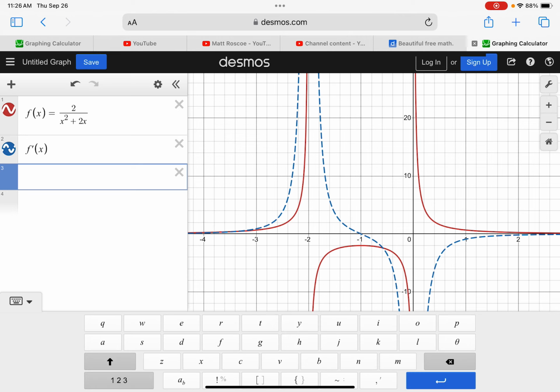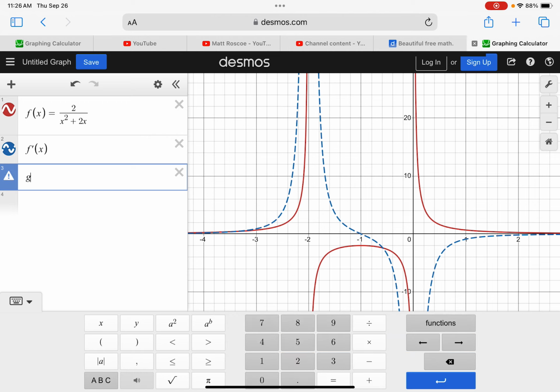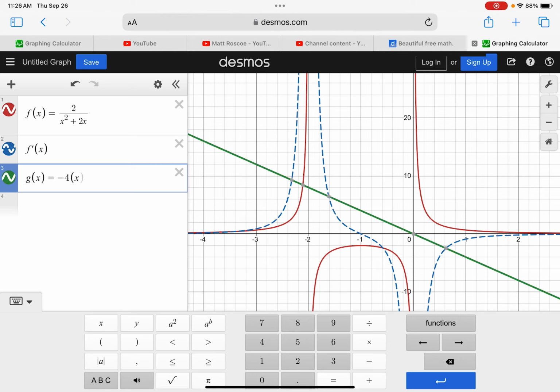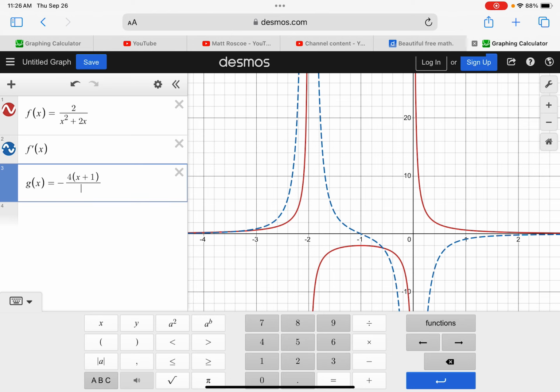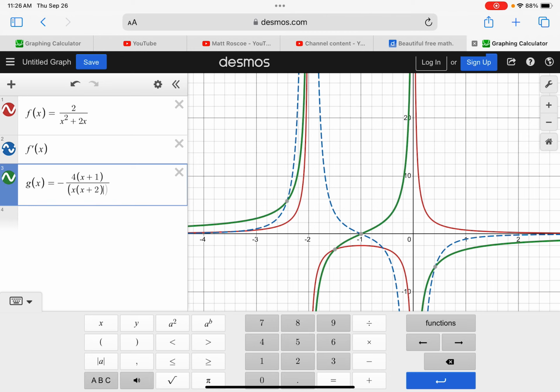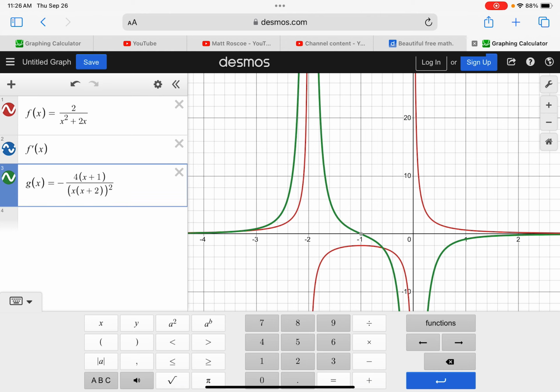Let's call it g of x, and we think it's going to be on top negative 4 times x plus 1, that whole thing divided by parentheses x times parentheses x plus 2, and that whole thing squared.